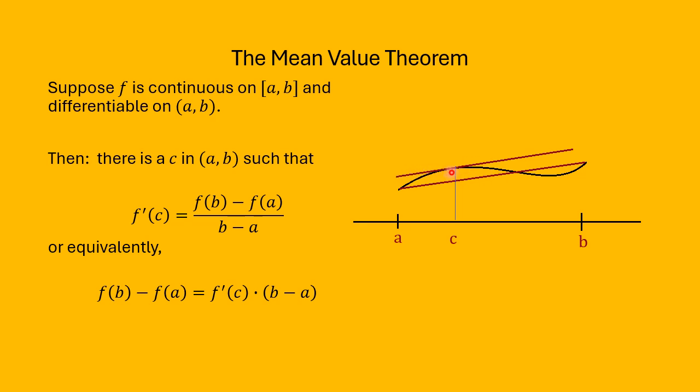So the slope of this curve right at c is equal to f of b minus f of a over b minus a, which is the slope of this secant line. So this tangent will be parallel to this secant line.